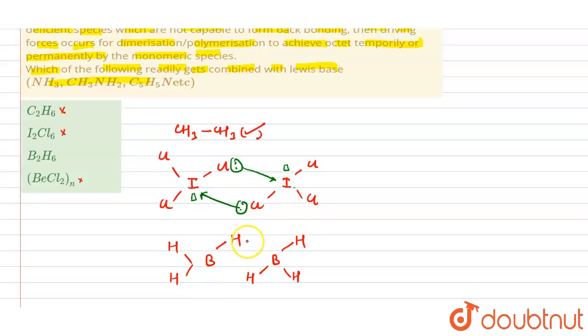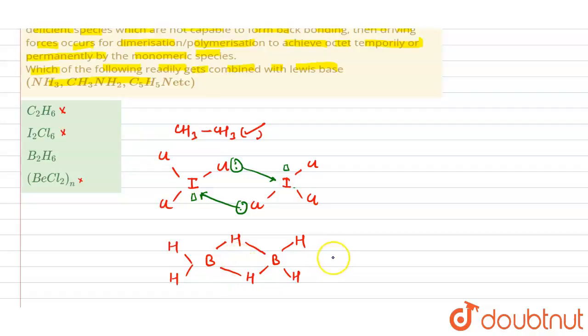So temporarily this bond is shifted to this boron so that, for some moment, it can complete its octet. In the same way, this hydrogen will be shifted to this position to again complete the octet temporarily.